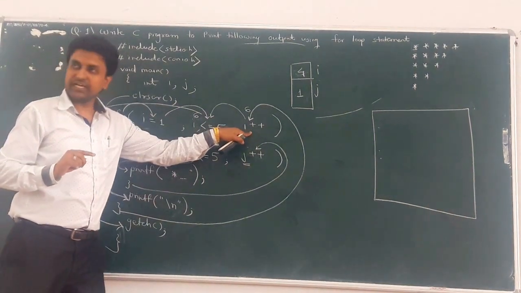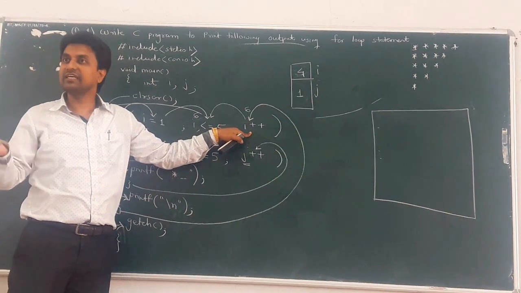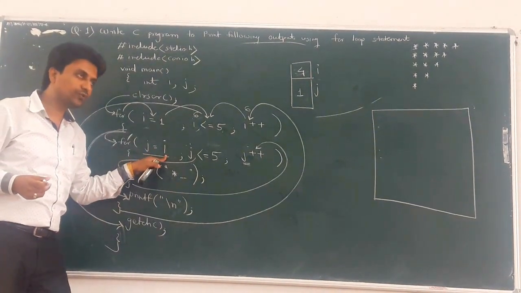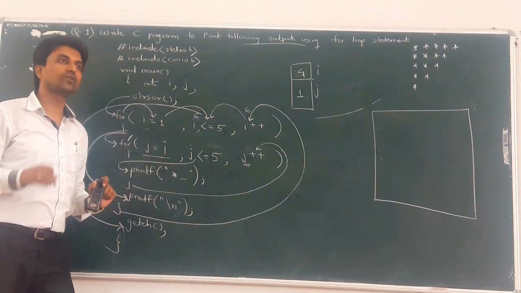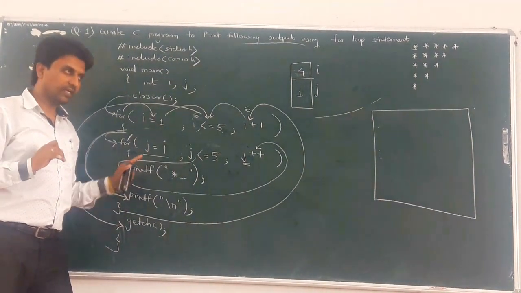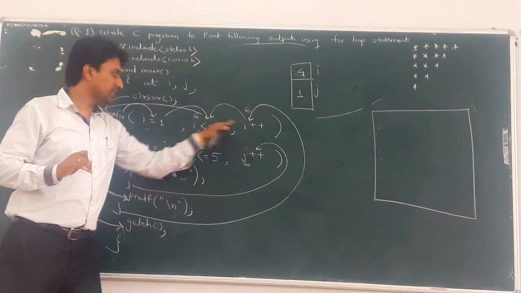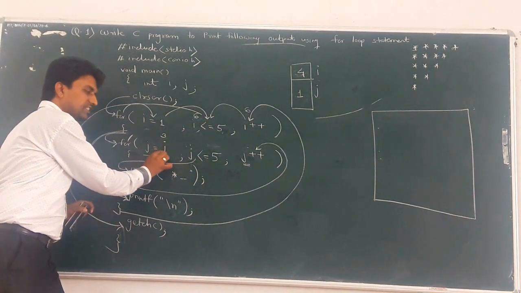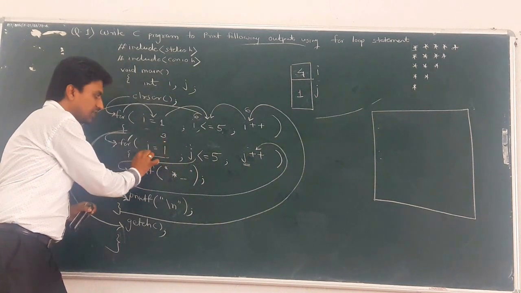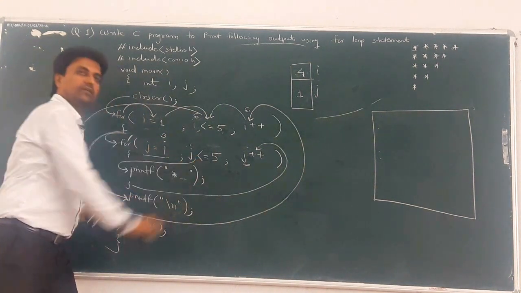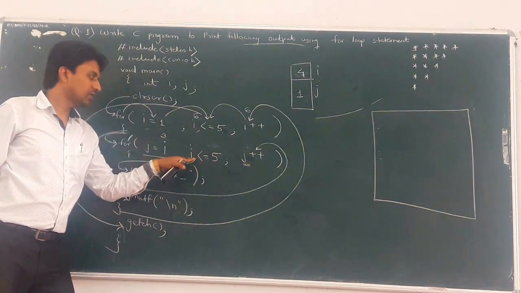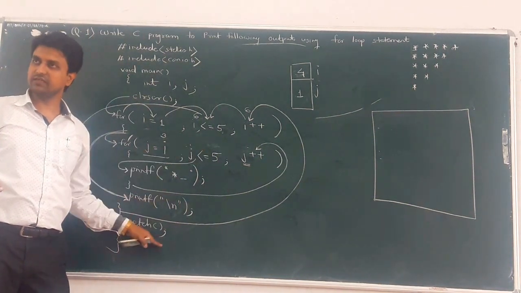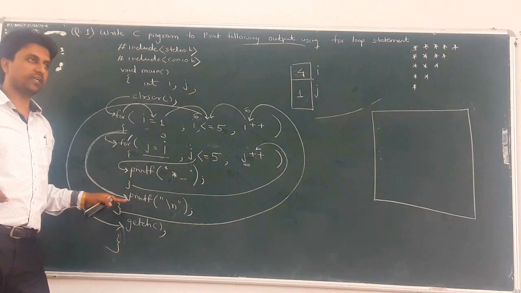Next, for the second row, i becomes 2, so j is initialized to 2 and runs 2 to 5, which is 4 times. When i becomes 3, j is initialized to 3, and it increments only 3 times, then the condition is false and the loop terminates.